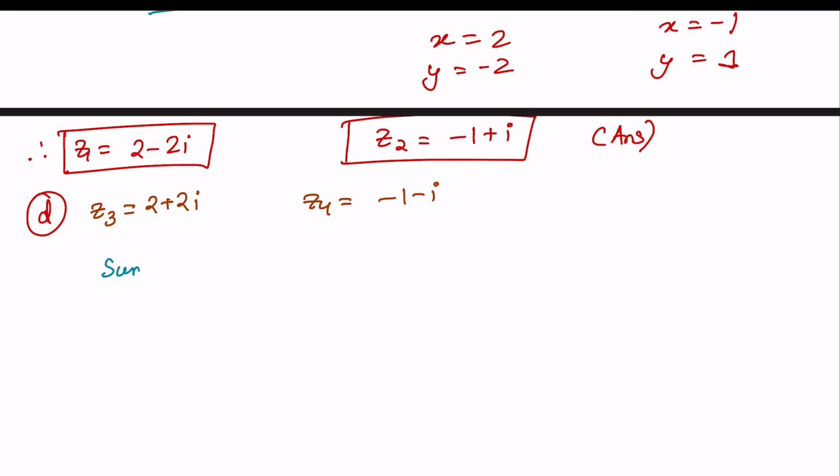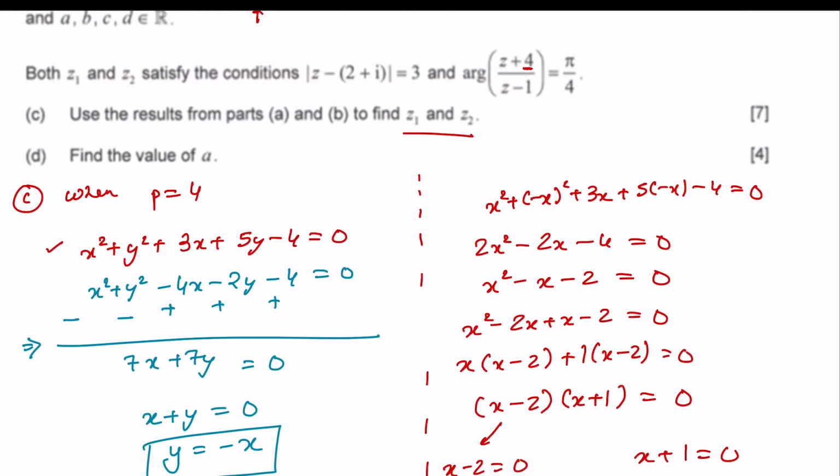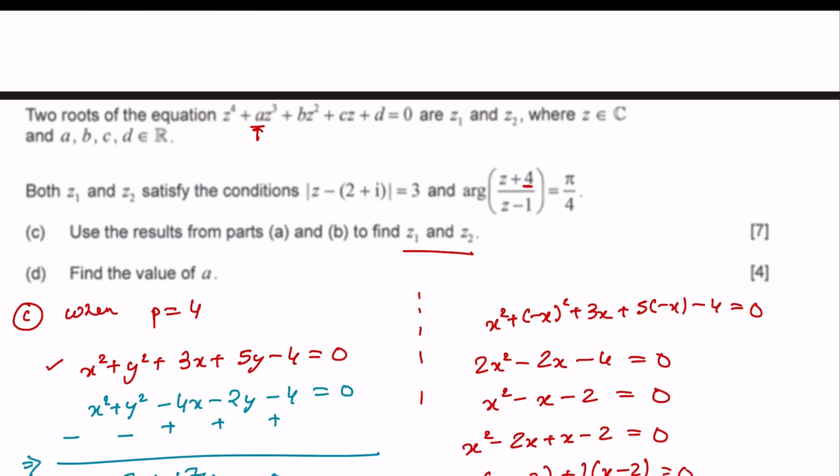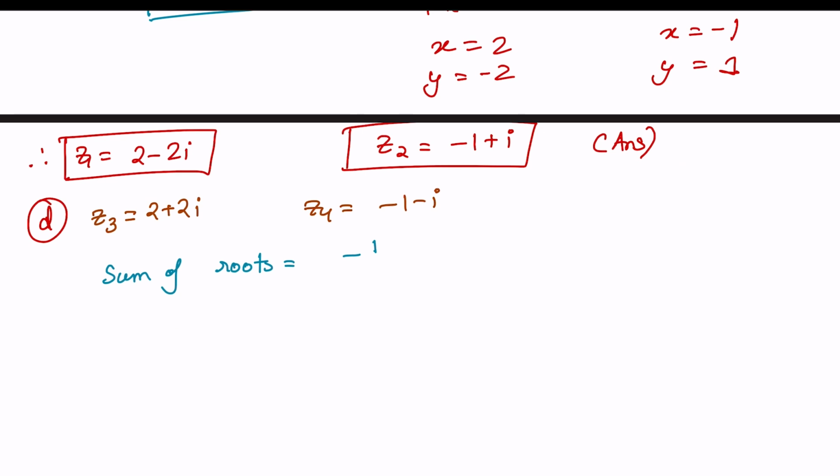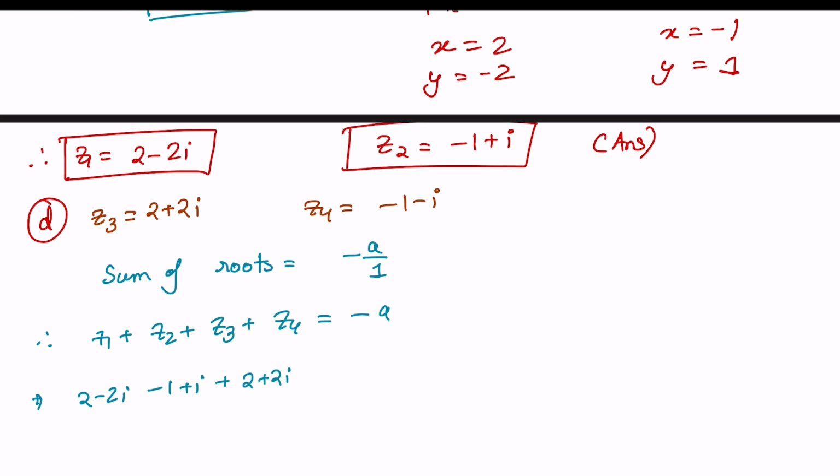Now I know the sum of roots would be equal to negative b by a. Here, b is basically a and a is 1. So it's negative a by 1. z1 plus z2 plus z3 plus z4 equals negative a. 2 minus 2i, plus z2 is minus 1 plus i, z3 is 2 plus 2i, z4 is minus 1 minus i, equals negative a.